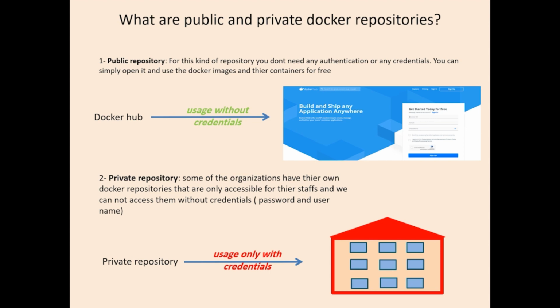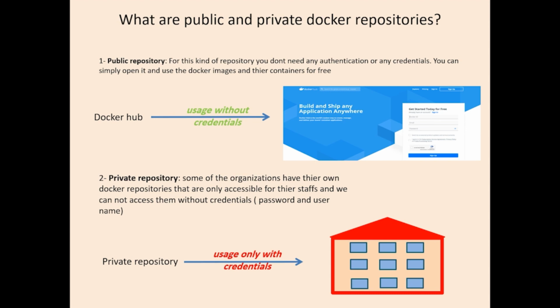If you want to use the Docker images in this private repository, we need some credentials, mostly a username and password. We have to be authenticated. Only so can we use the Docker images in a private repository.